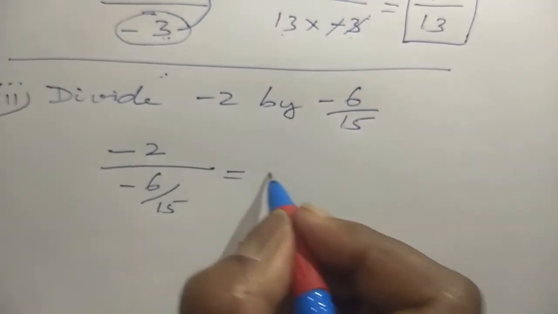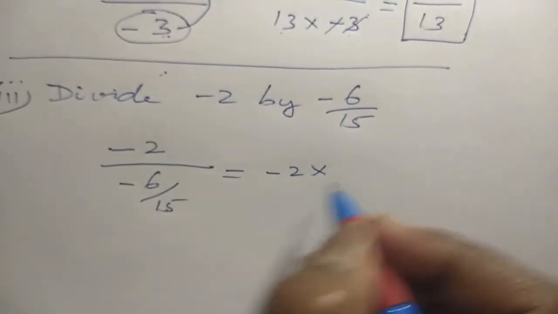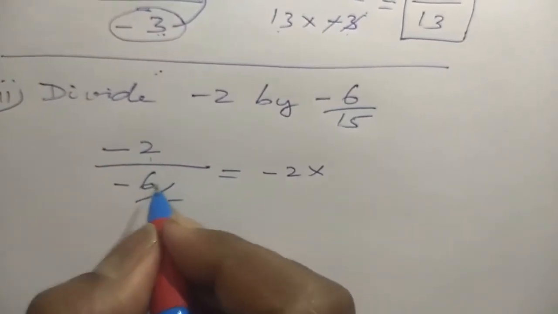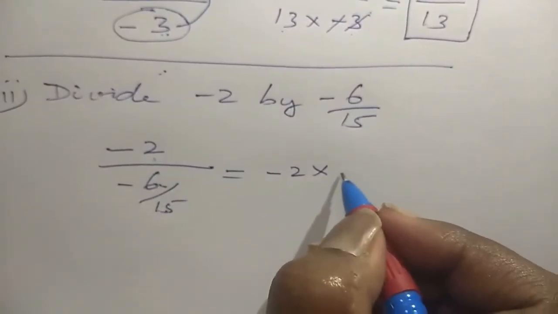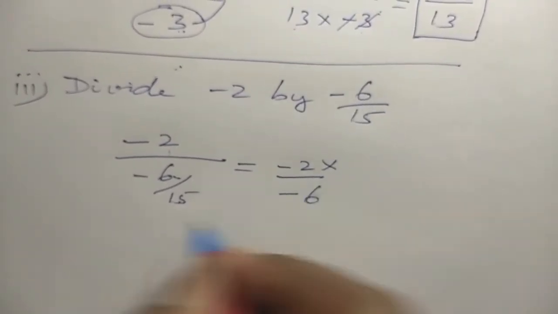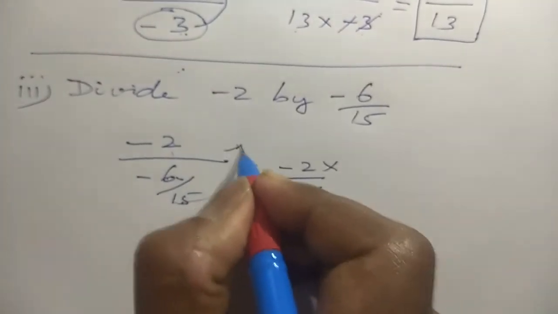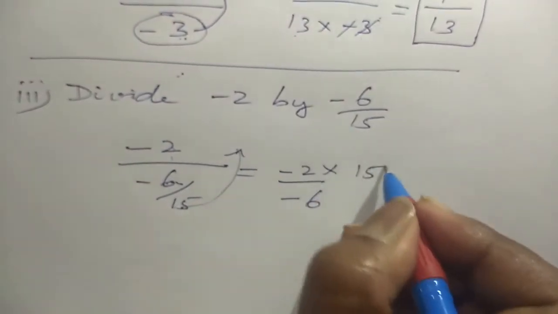It is minus 2 into, yes, this 15 will be going upside. It is already in a denominator. Denominator will be same here. So it is by minus 6 as it is. The 15 will be going into denominator of a denominator will be a numerator. Yes, so it is 15 here.